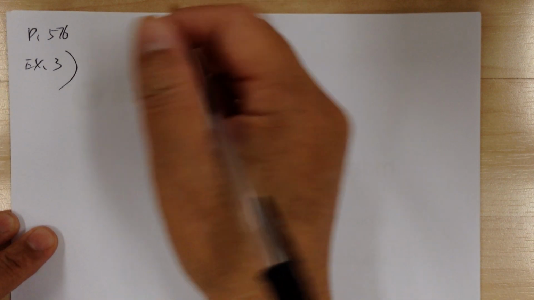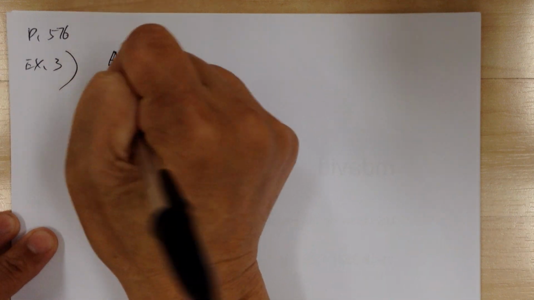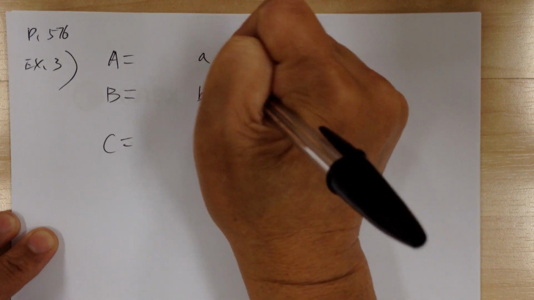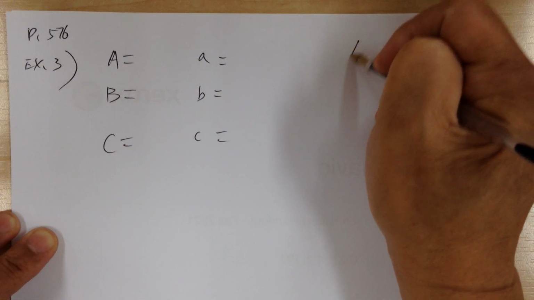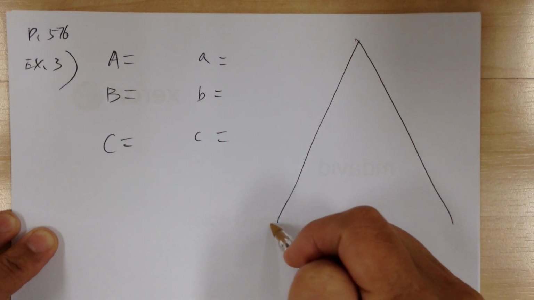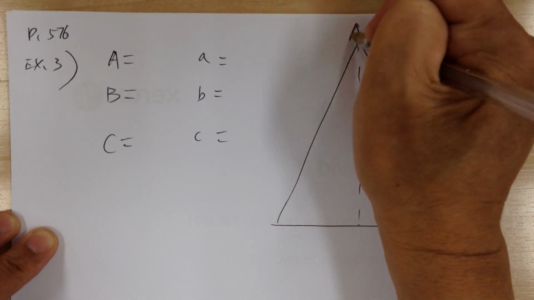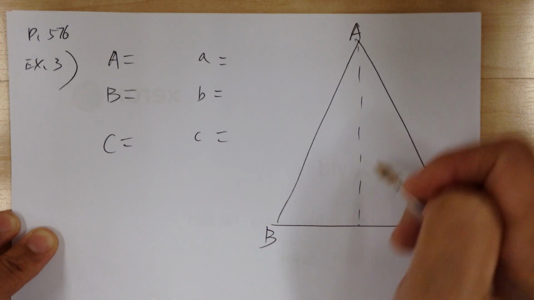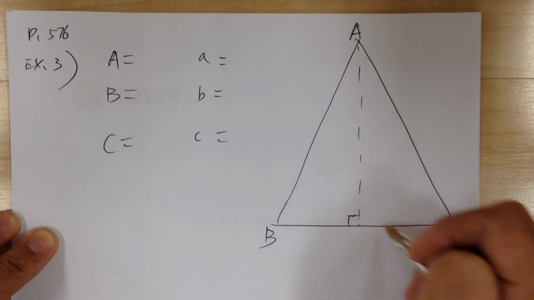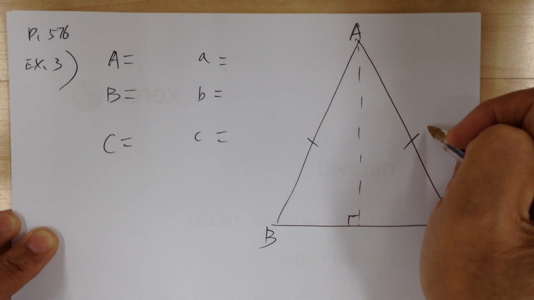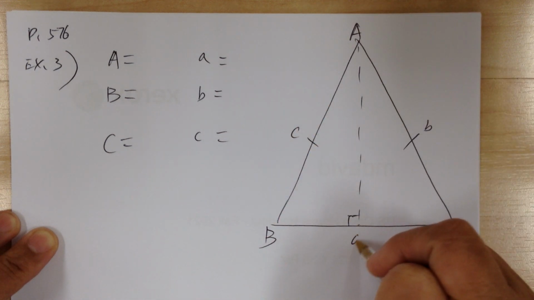Again, you're solving for the triangle, so you're going to get your A, B, C. Draw a big picture so you have room to label your numbers. This is not a right triangle, but you cut it in half so that you end up with a right triangle again. This is B, this is C, and this is A.